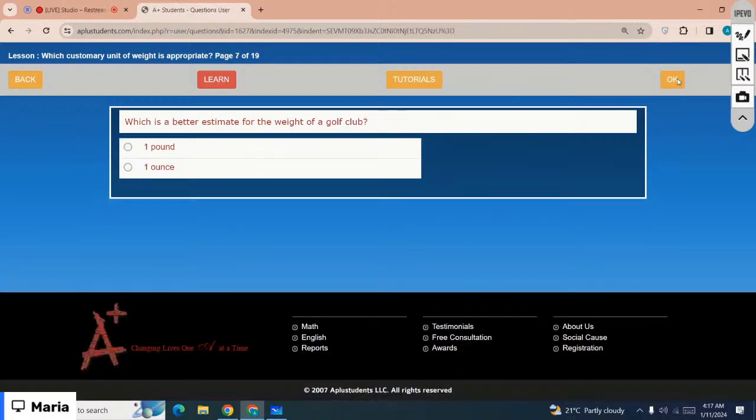Which is a better estimate for the weight of a golf club? 1 pound or 1 ounce?